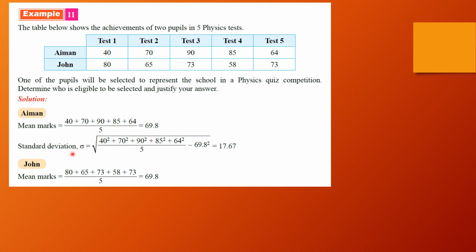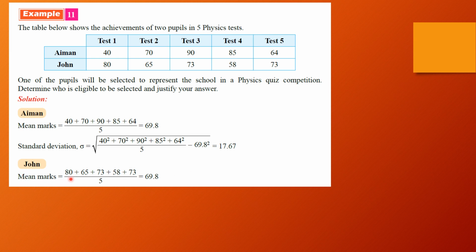Then for standard deviation, we find the sum of squares first, that is 40 square plus 70 square plus 90 square plus 85 square plus 64 square over the number of tests, which is 5, minus mean square. So the standard deviation square root, you get 17.67. So the standard deviation for Aiman is 17.67.